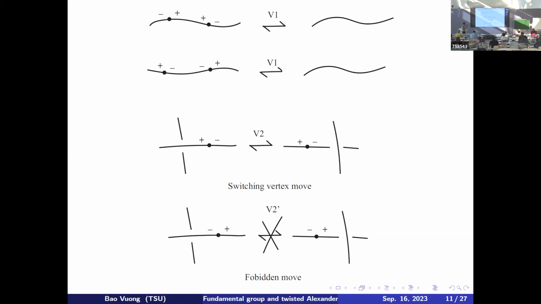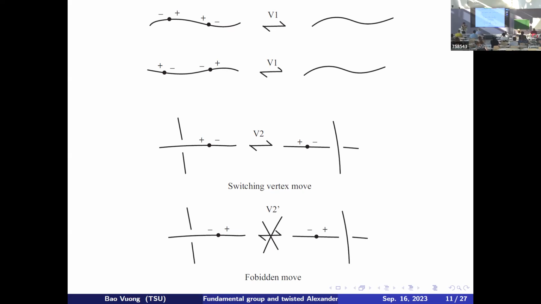And there is a forbidden move, forbidden when the sign of the vertex does not fit the crossing. For example, in the lowest picture, when the sign of the vertex is minus and it is the overcrossing, we cannot move the vertex over that crossing.